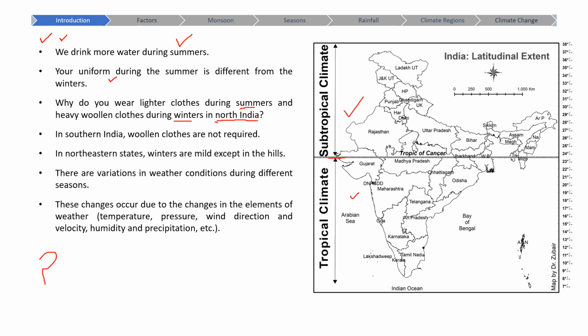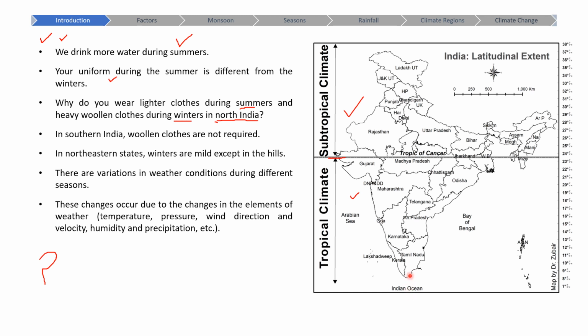Why is this the difference? The difference is because of the sun. During May, the sun will be here, and during June, the sun will be here. The sun is not jumping from south to north like this.